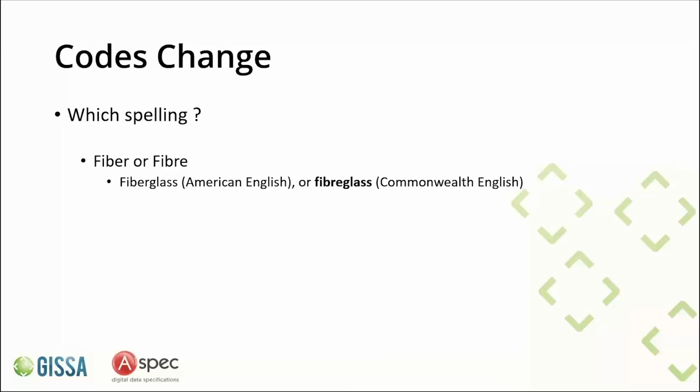Very simply, we've gone with Commonwealth English versus American English, so we reflect FIBRE throughout our specifications. And now I'm crossing my fingers to make sure that we don't have FIBER in there anywhere. But it gives you a sense of how we deal with these sorts of scenarios.